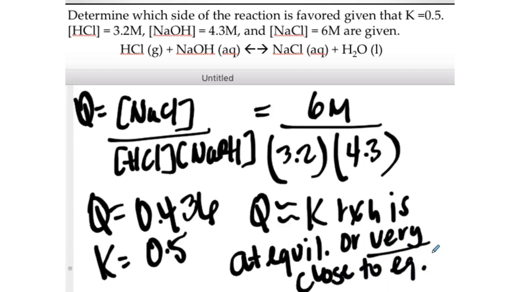The reason is that sometimes we shouldn't be rounding numbers until the very end, and whenever it's really close, we just say that it is at equilibrium. So just keep that in mind. If it's very close, just assume that the reaction is already at equilibrium. Okay? All right, and that's it.